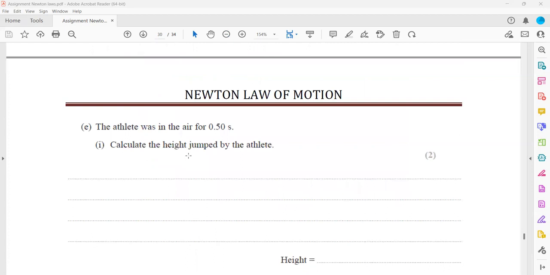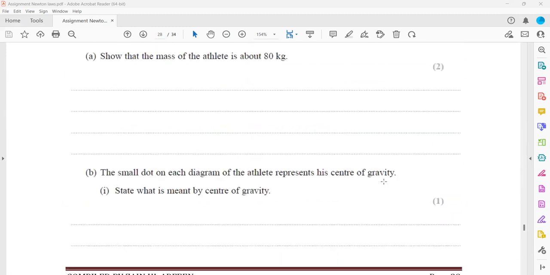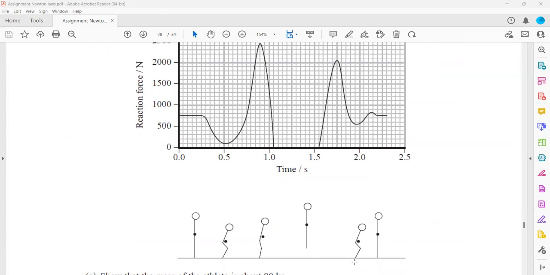The athlete was in air for 0.5 seconds. Calculate the height jumped by the athlete. So we want to calculate how high he will change position, or his center of mass. If an object is moving under the influence of gravity, it will have an acceleration, and that acceleration is due to gravity.